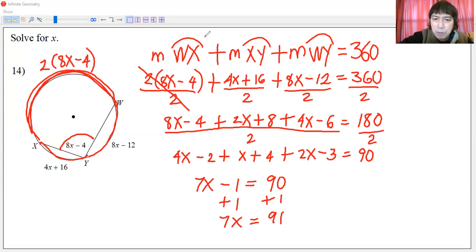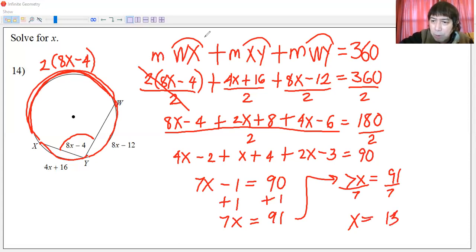So we continue by way of division. 7x is equal to 91. We divide by 7, divide by 7. x must be equal to 13. Yes, x is equal to 13. Let me rewrite my number 3.